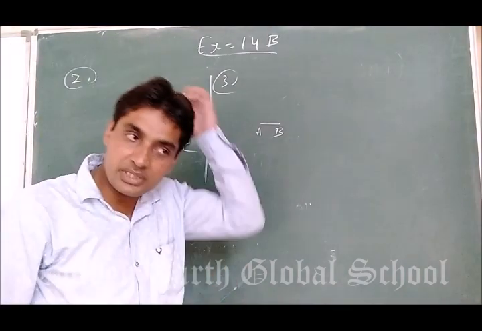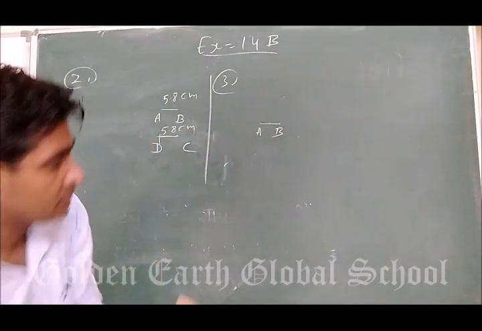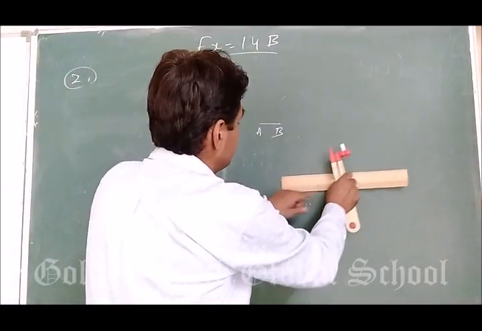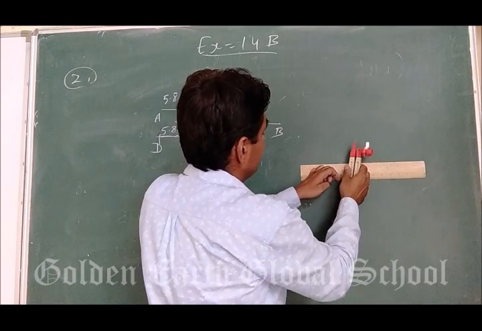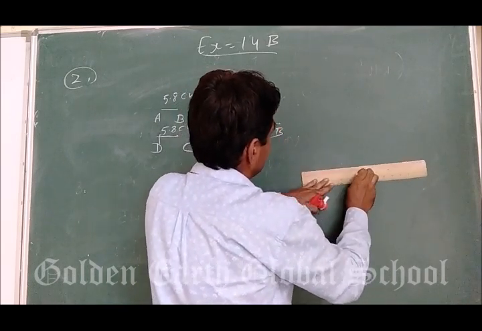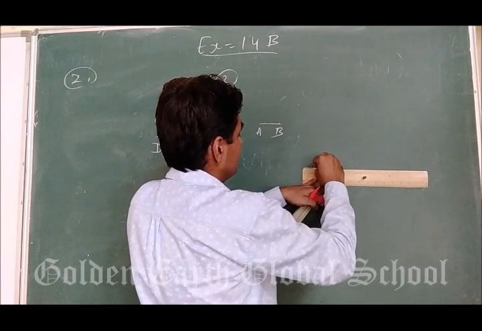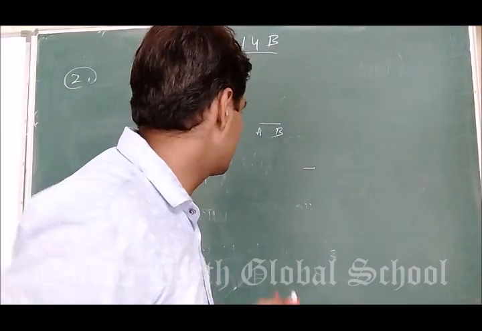So how you can cut bete? With compass you can cut it. So this will be your compass. So measure 3.5 centimeter. So how you can measure bete? Firstly draw any line segment. So firstly draw 3.5 centimeter. Okay, then you have to cut.